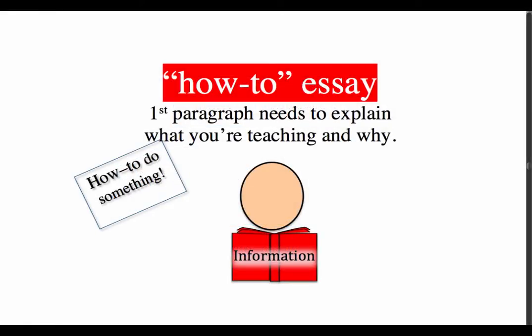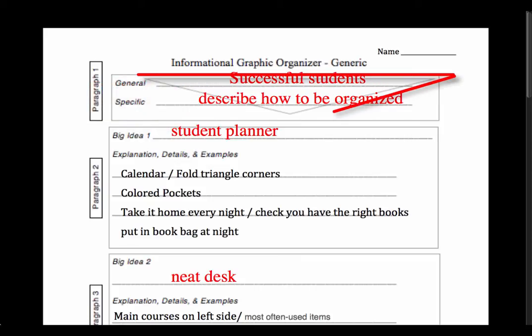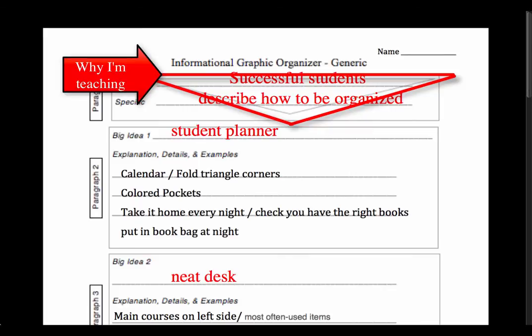The first paragraph of a how-to essay needs to introduce the how-to and explain why you're teaching it. The specific topic is being organized, so I'll start with the broad concept of successful students. By connecting the broad concept of successful students with being organized, I'll explain why I'm teaching it.